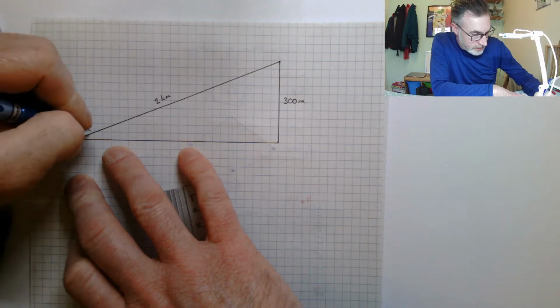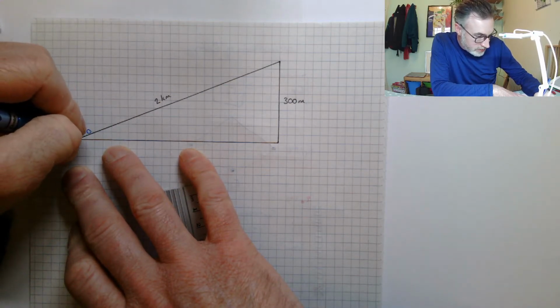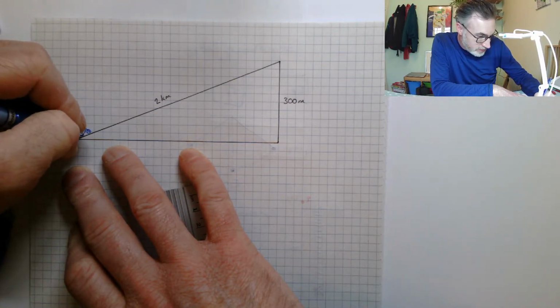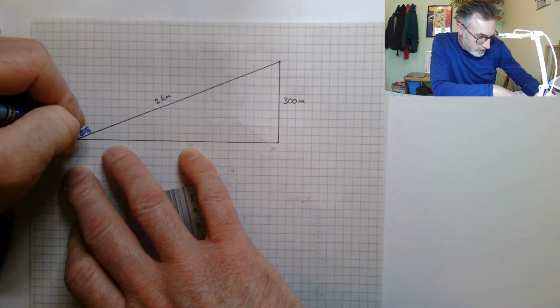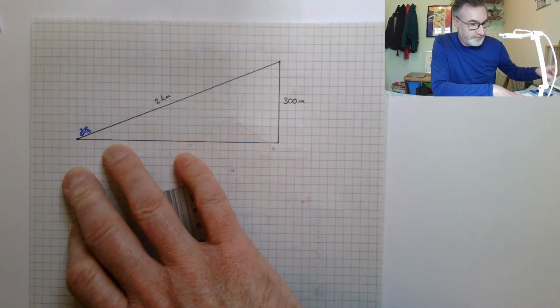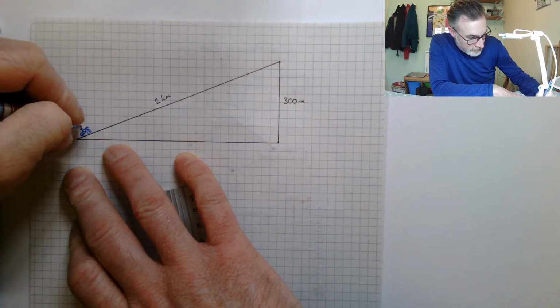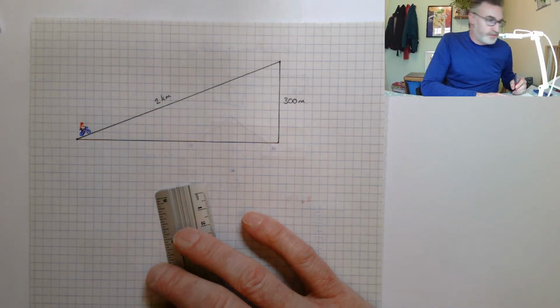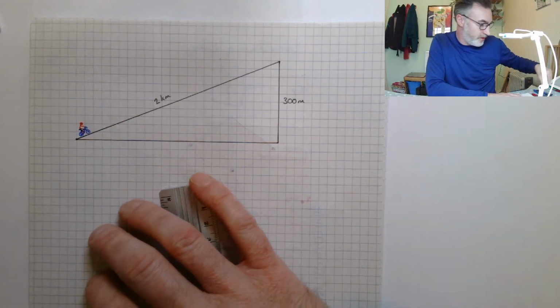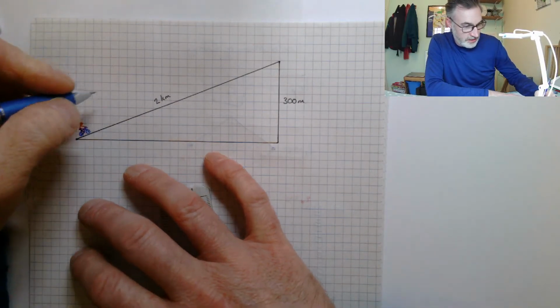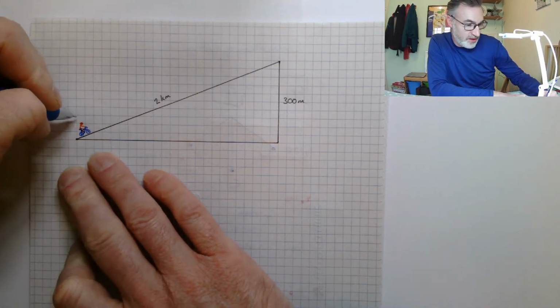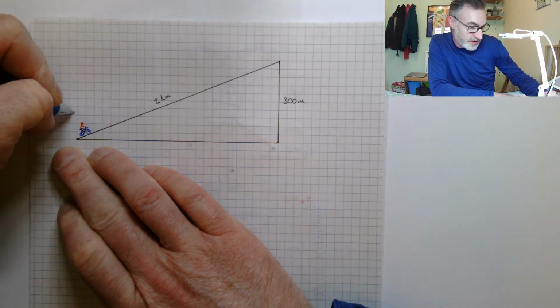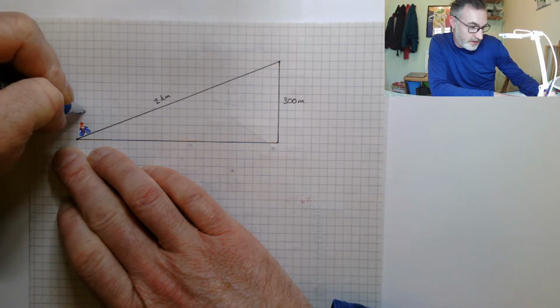So there's me on my bike. Now, if I take my mass and the bike's mass, then we have a combined mass of 80 kilograms.